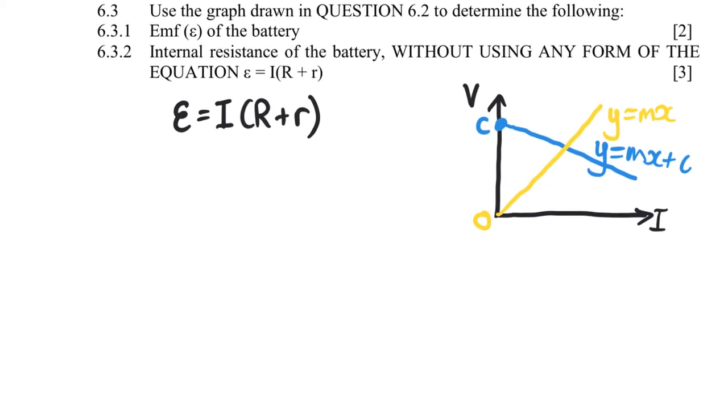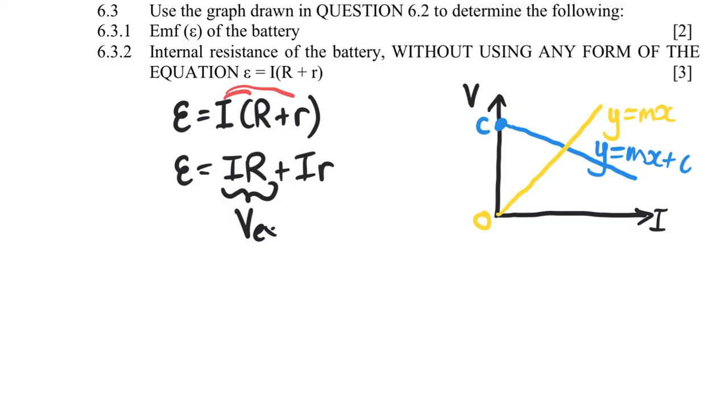I'm going to distribute the I into the bracket, so we're going to get that the EMF is IR plus I times little r. This is the external voltage, or the operational voltage, which is in actual fact the voltmeter reading in our circuit.